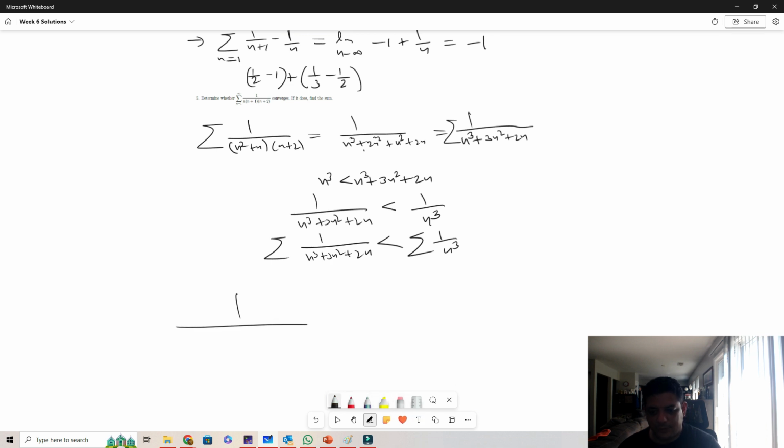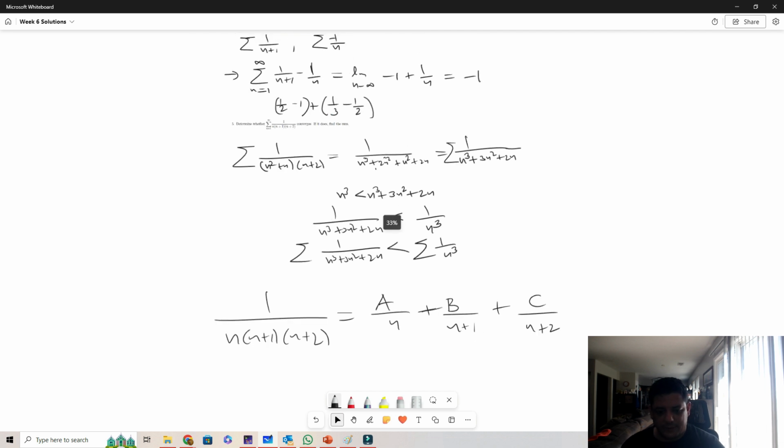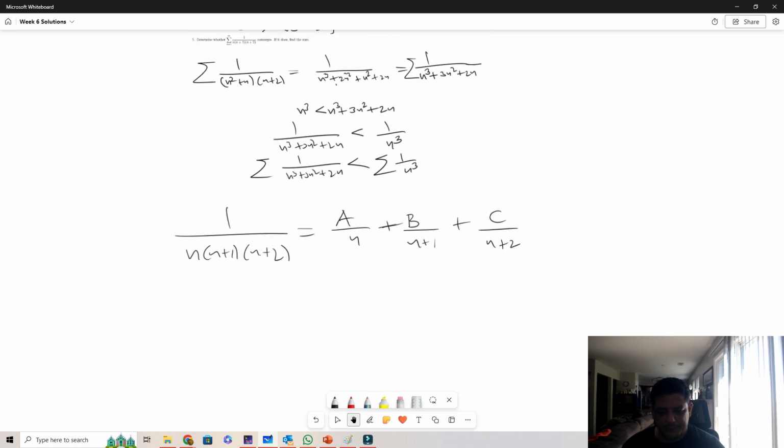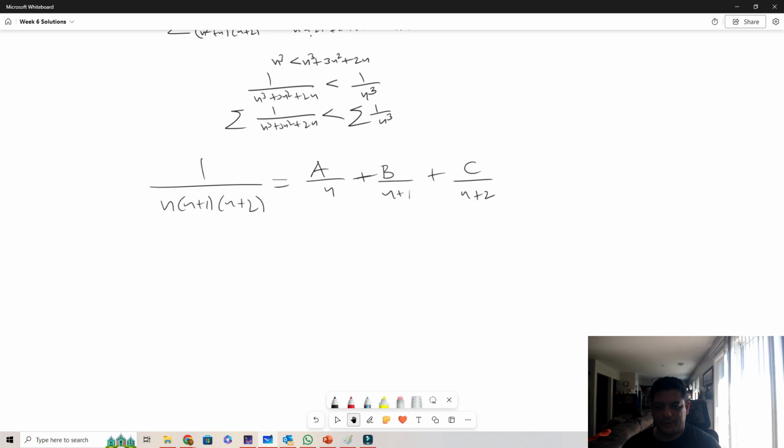So 1 over n, n plus 1, n plus 2 can probably be seen by partial fractions as a over n plus b over n plus 1 plus c over n plus 2. Now we've got to find the partial fractions.